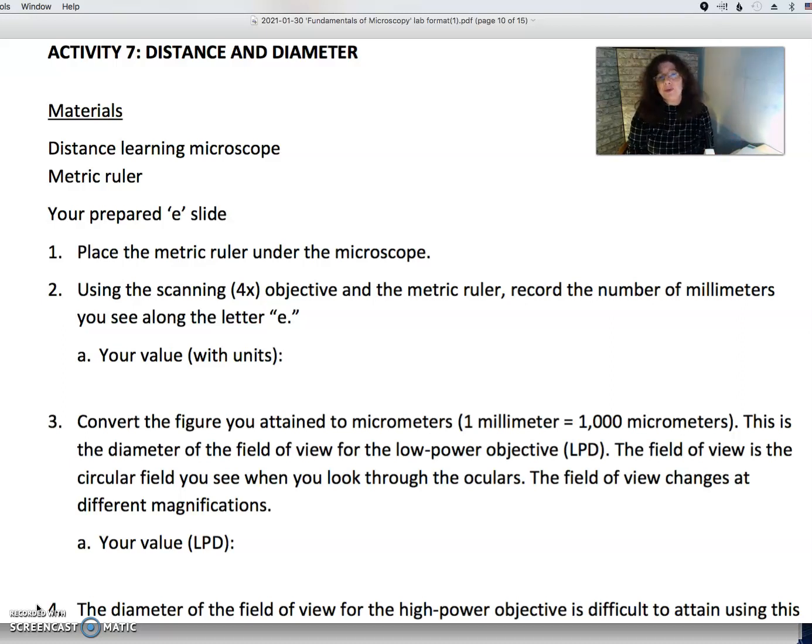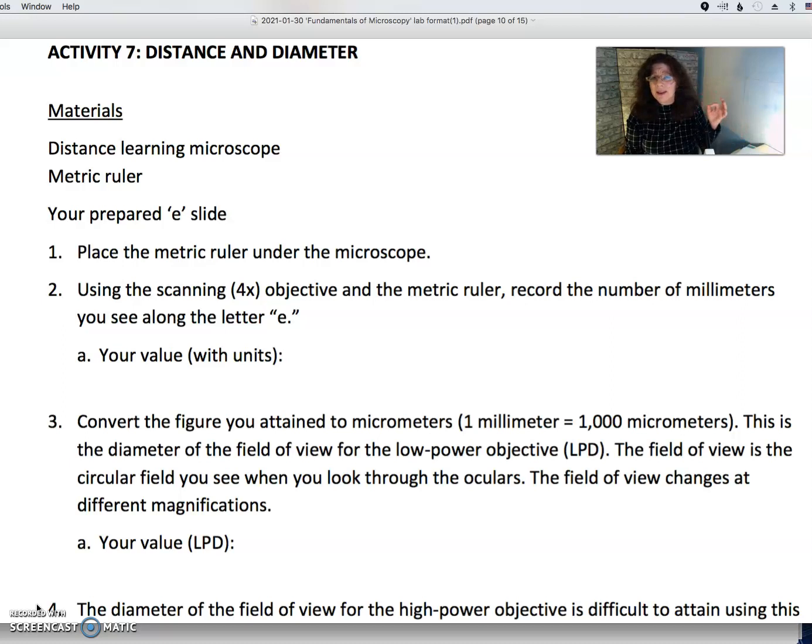When you're looking at those micrometers and that calculation under 4X, then you will get a good feel for the diameter of the 4X field of view, or the 40 times field of view, because it's 4X times 10X is 40X. And you are going to calculate what your diameter might be under your highest objective, your 40X.